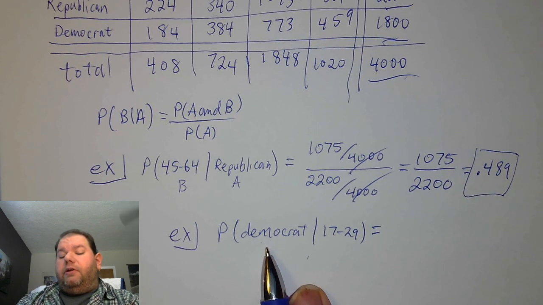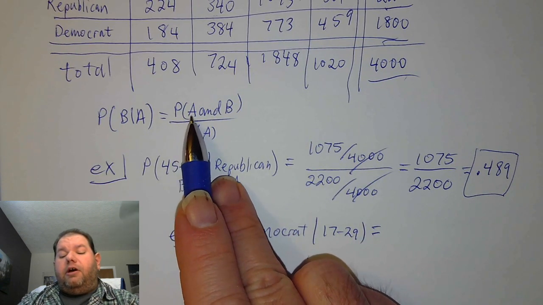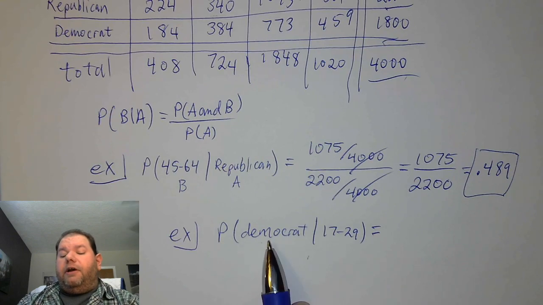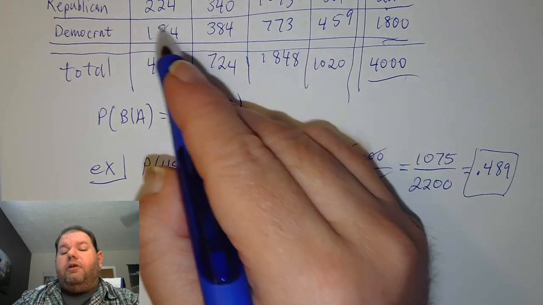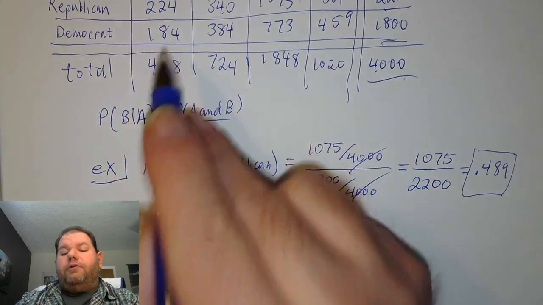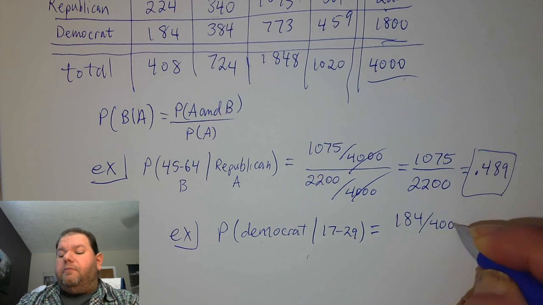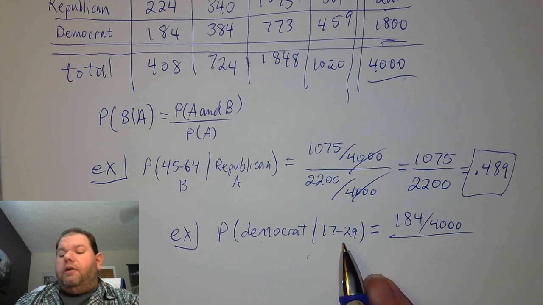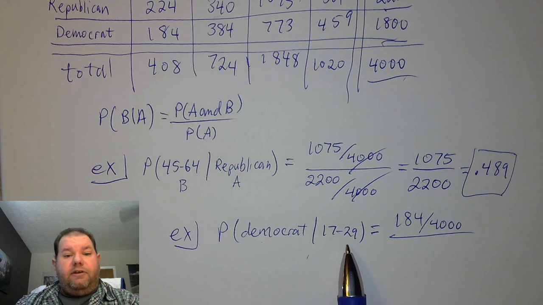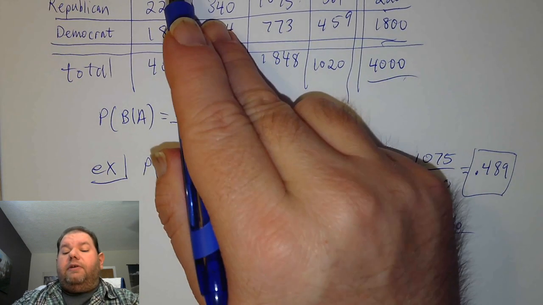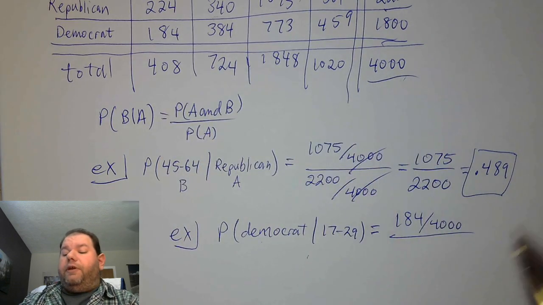So first of all, on the numerator we pick the probability of both occurring, so Democrat and 17 through 29. We see it overlaps here at 184 out of 4,000. And then on the bottom we put the probability of whatever came second, which is the 17 to 29 year old range. 17 to 29 year olds make up 408 of this group out of 4,000.